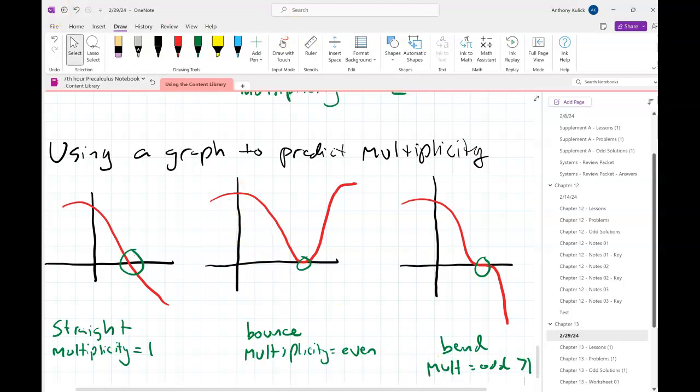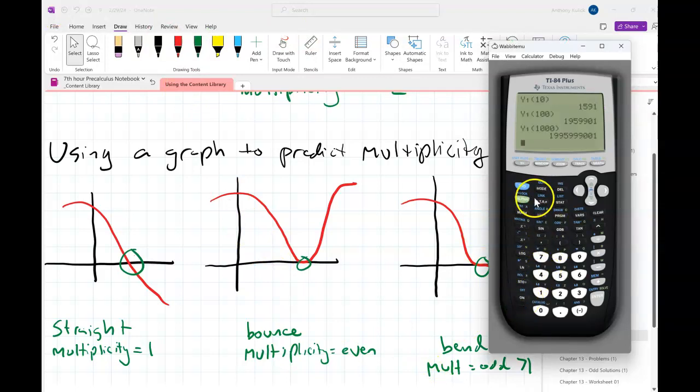So if we go back and we graph that problem that we just did, you don't have to follow along with me right now. I'm just doing this for grins. And I look at the graph. Notice at x equals -3, what are we seeing?